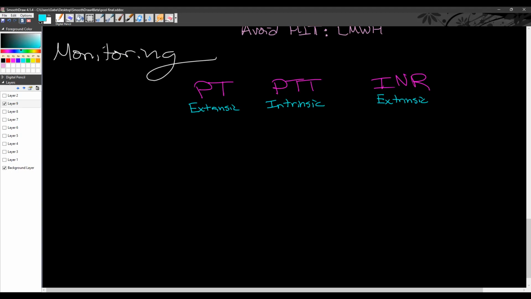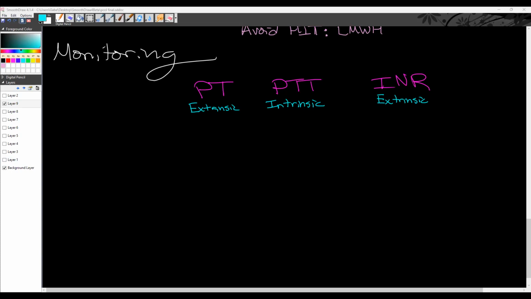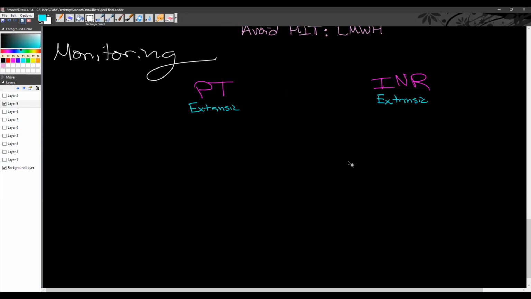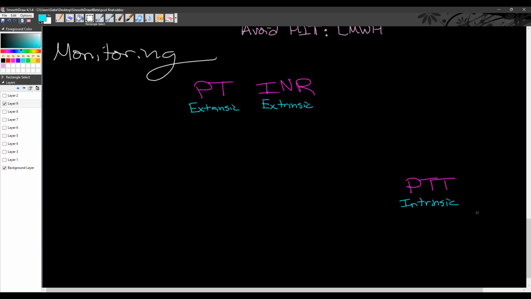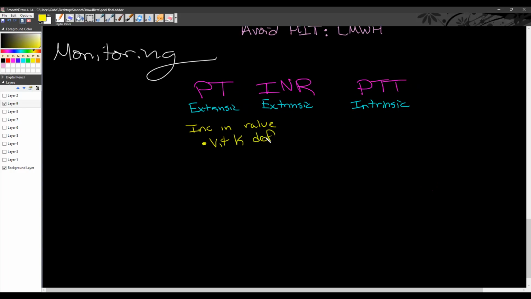So when we go through the different drugs, we can see exactly how the different ones end up doing it. The factors that affect PT and INR, or what increase their levels, is any sort of vitamin K deficiency, and then specifically factor 7.